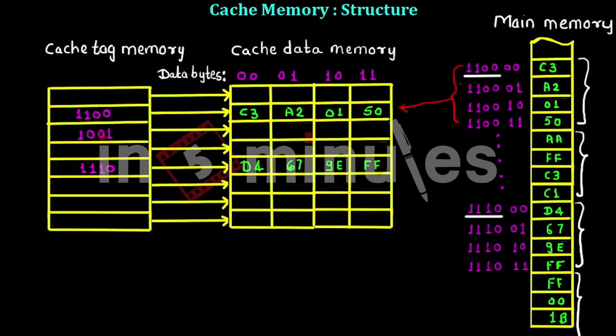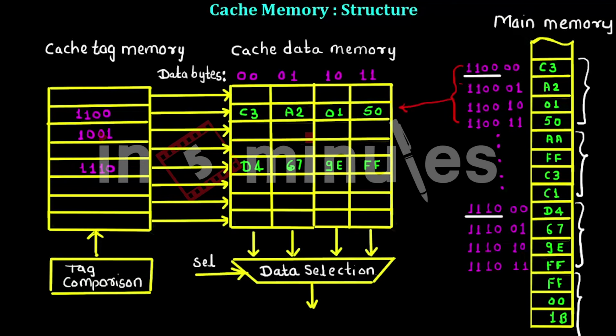Now if you want to access a particular memory location, first we are going to put its address. From this address, the first 4 bits are going to be compared with the tag memory in the cache. So the tag comparison is made in the cache memory. The address of the block which is to be accessed is searched inside the tag memory.